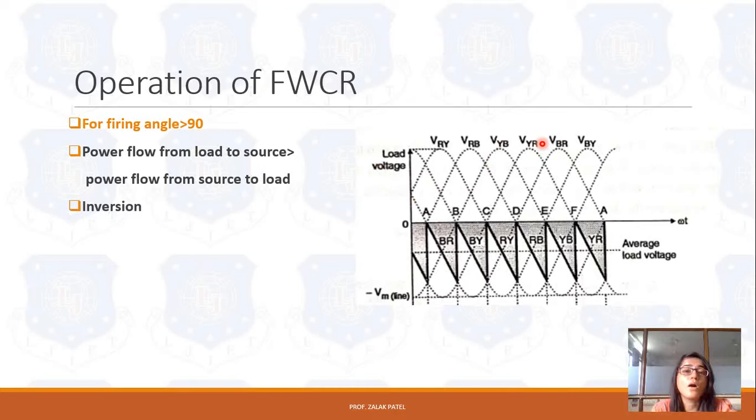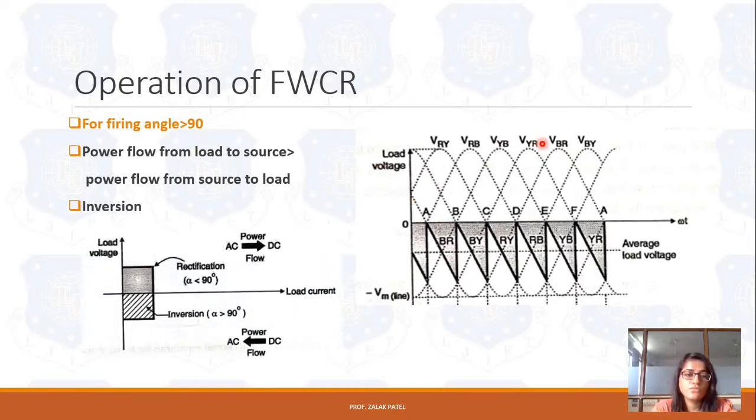Now let's talk about the two quadrant operation of FWCR. This can be clear from this figure. Two quadrant operation means this upper portion is when alpha is less than 90, because then the positive portion is more compared to the negative portion, and the rectified output is always above the zero line.